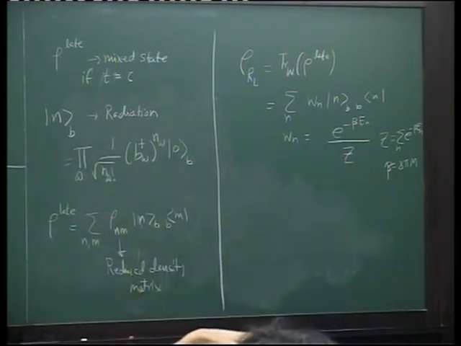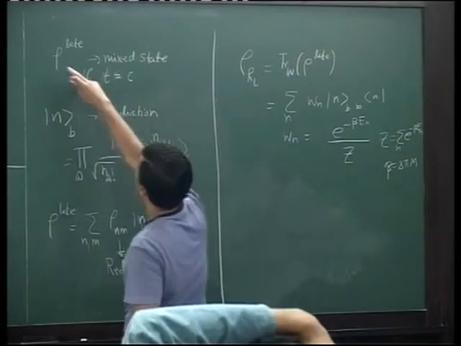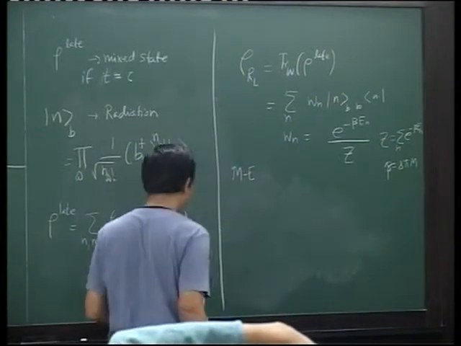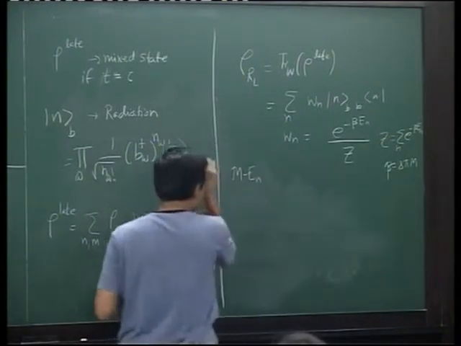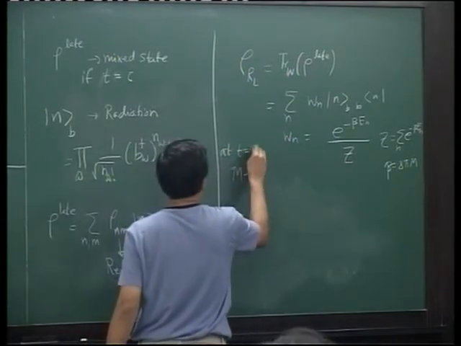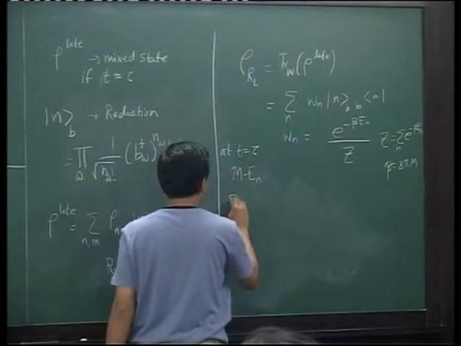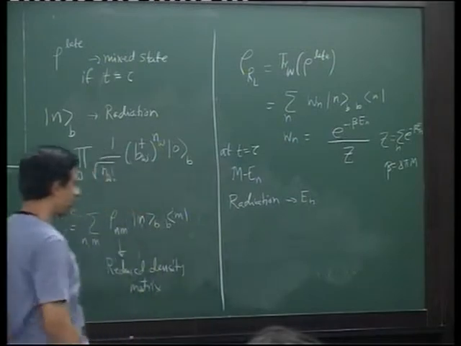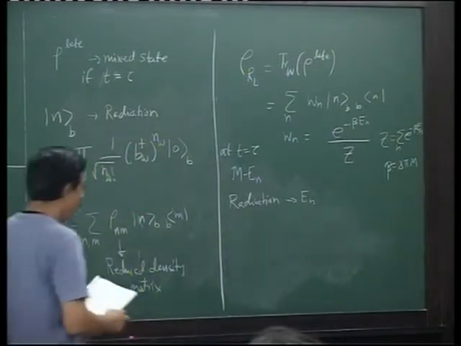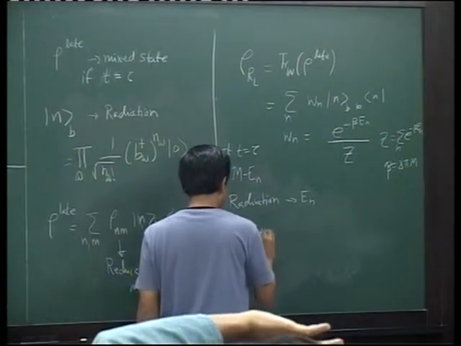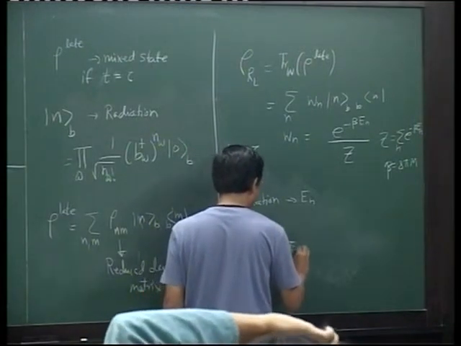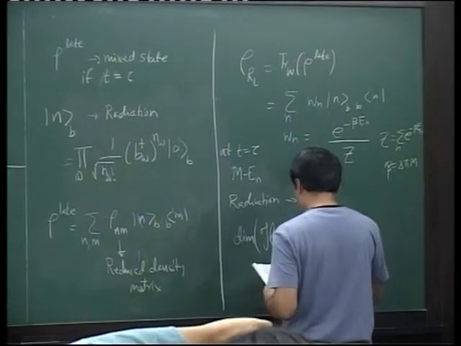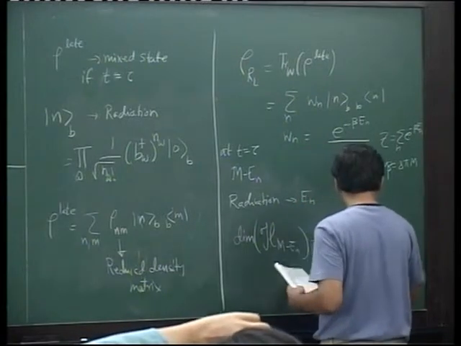Now remember that we are looking at a state where the black hole really has mass m minus e, or m minus En maybe. So at t equal to tau, the mass is m minus e, and the radiation has energy En. Therefore the dimension of the Hilbert space of mass m minus En, I write that as Nn, is n times e to the minus beta En.